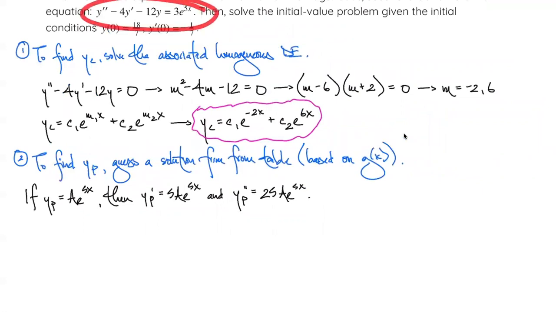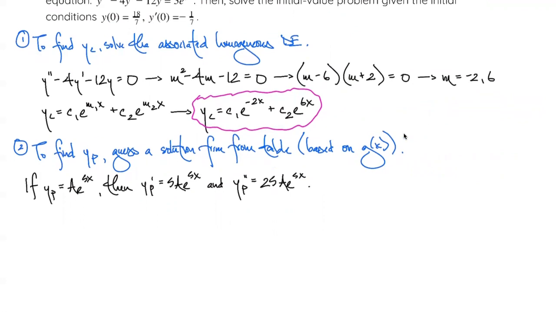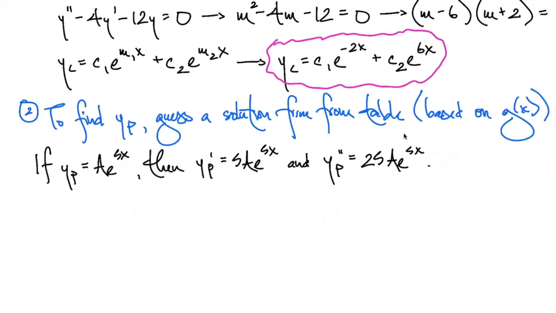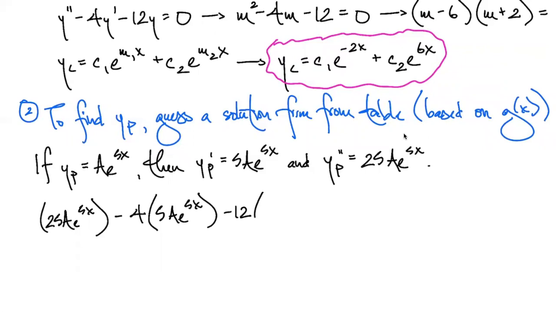Now we're going to plug those in to the differential equation. Okay, so what are we going to say? We're going to say that we have y double prime minus 4y prime minus 12y.